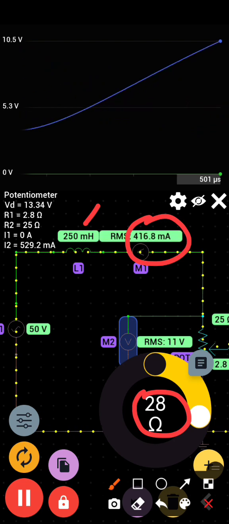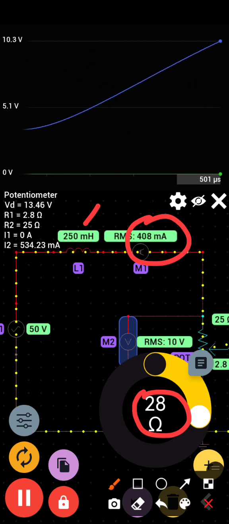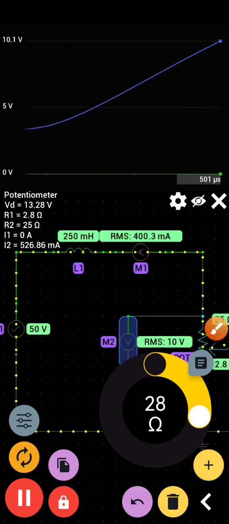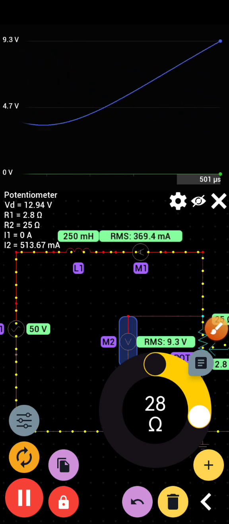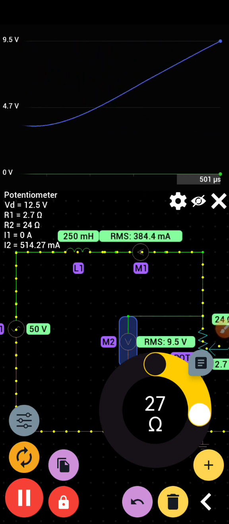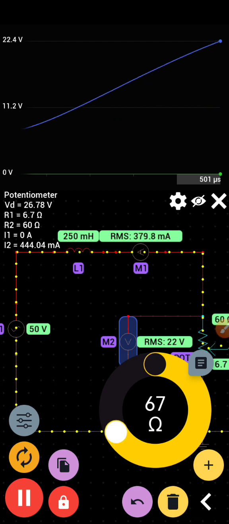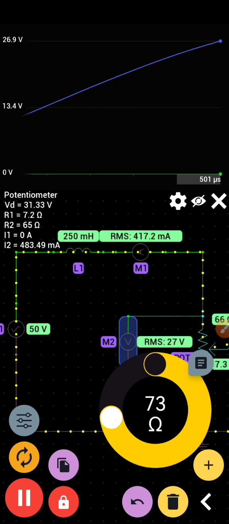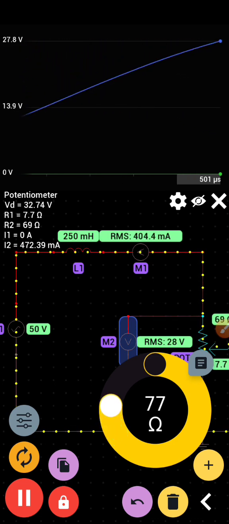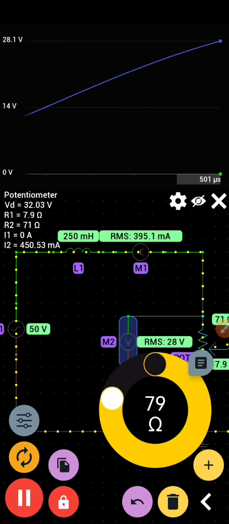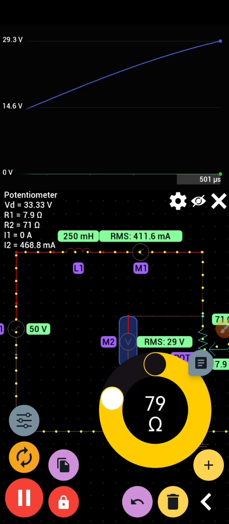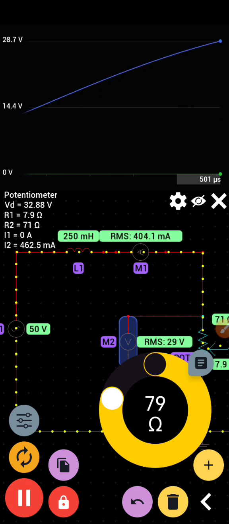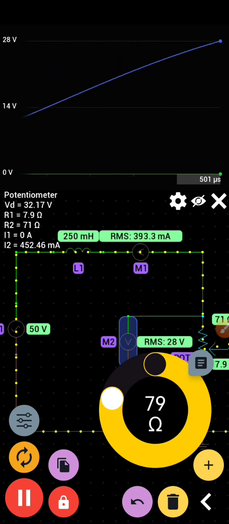Right, now I will make the resistor that 78,5 and see if the voltage will become optimum, as well as the current. So we go 78,5. So that's it. 79, that is closest. If you look at the voltage now, it's about 32 from 14.